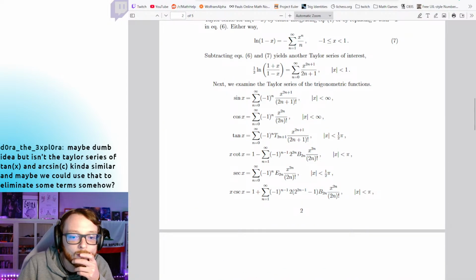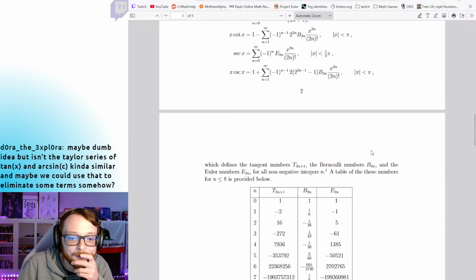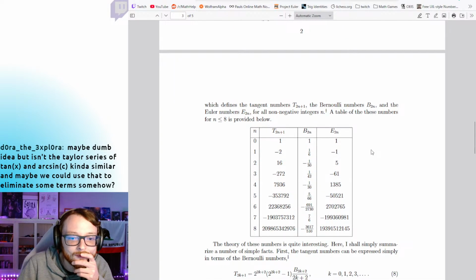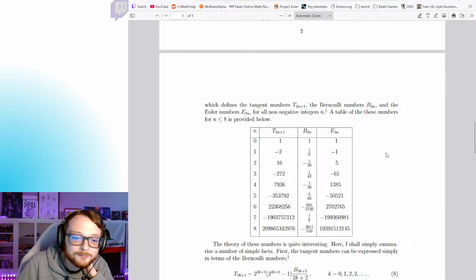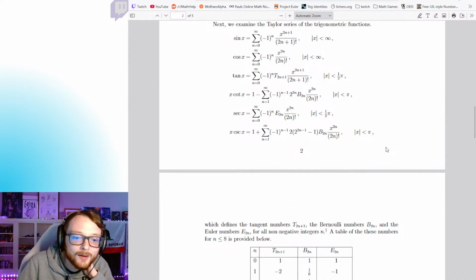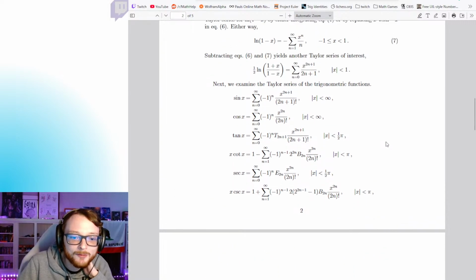Why is tangent's expansion so dumb? Triangular numbers? No, they're not triangular numbers. They're tangent numbers. Okay. I mean, we don't have to.